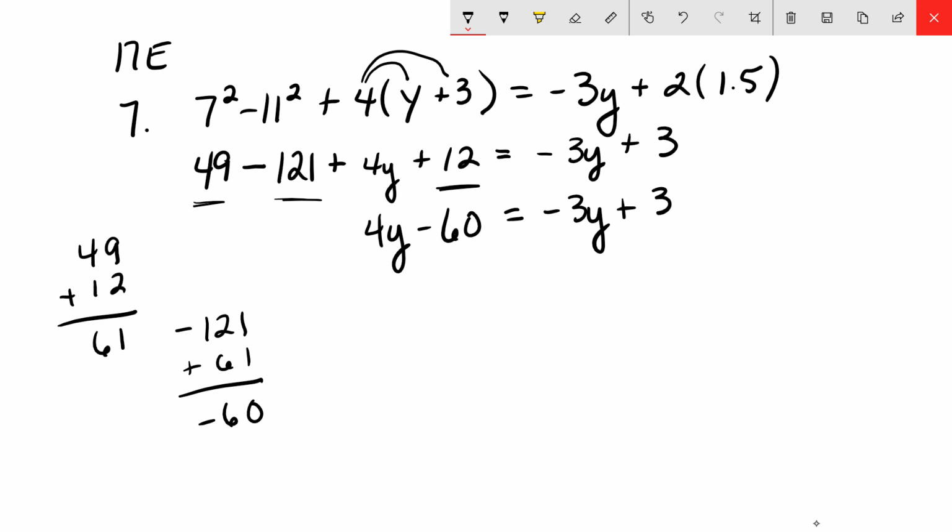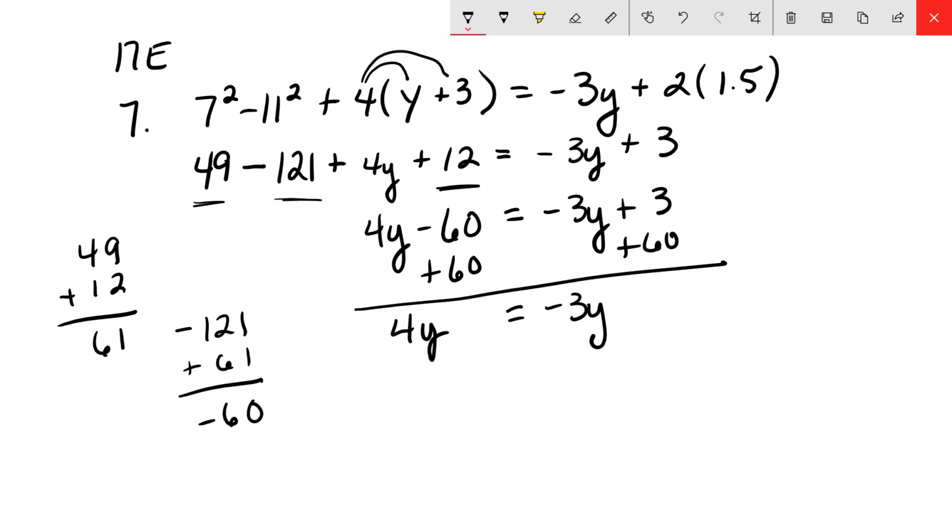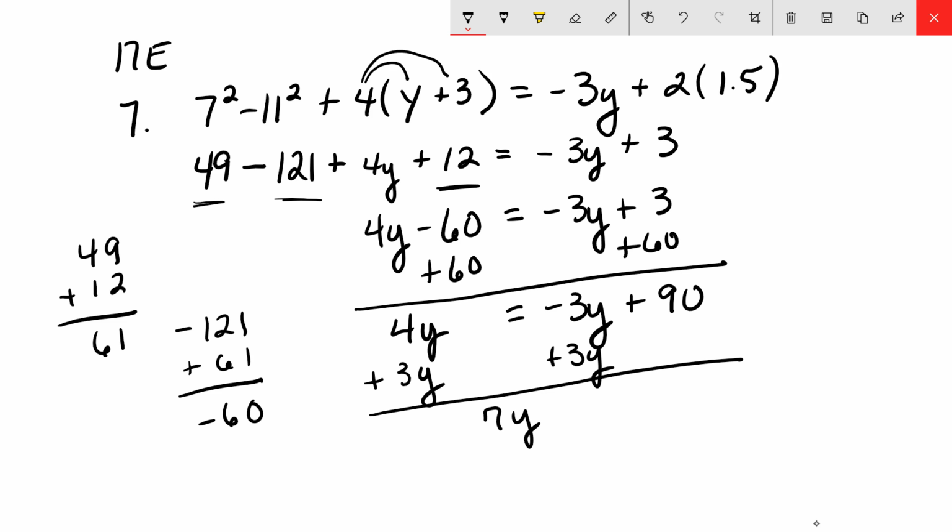All right, so I'm going to add 60 to both sides. So I have that 4y equals negative 3y plus 90. Now I'm going to add 3y to both sides. That will move my 3y. So now I have that 7y equals 90.